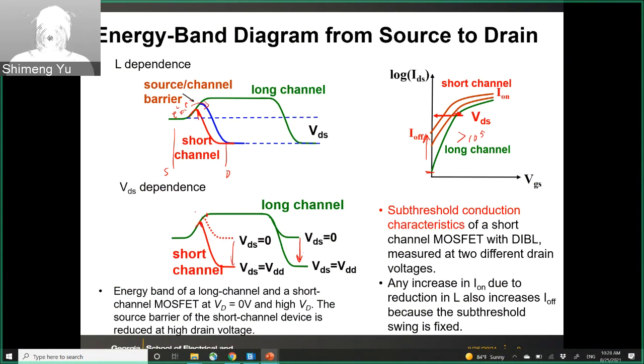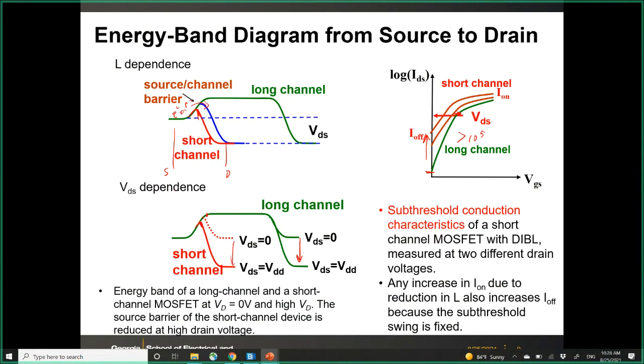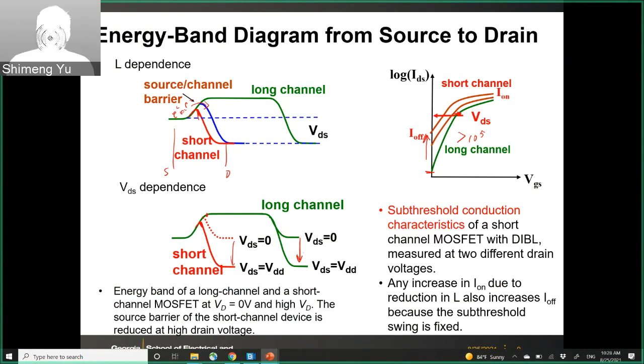That means the current will be very sensitive to the drain voltage. That's why in the saturation region, the current no longer saturates, because the drain voltage can easily change the current in the short channel transistor. So those are the challenges introduced by the short channel effect in the transistor design.